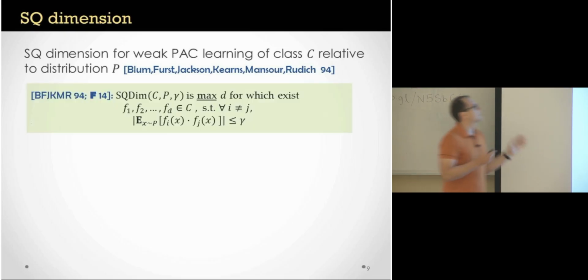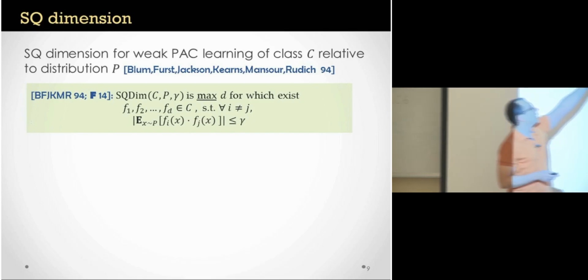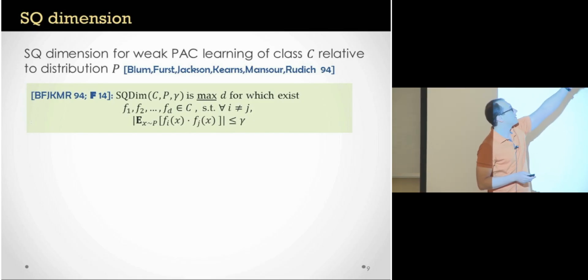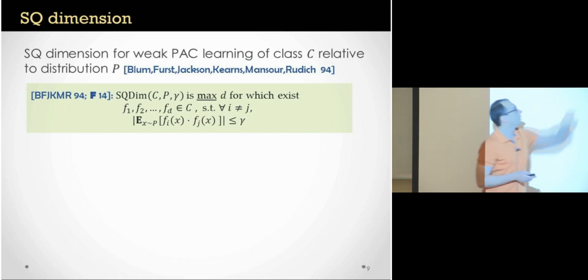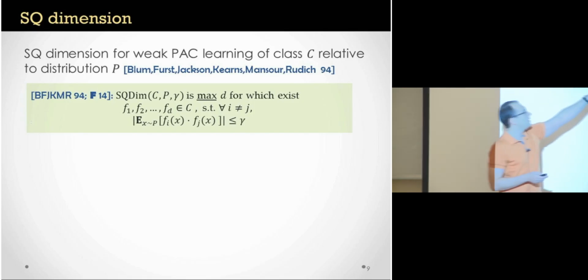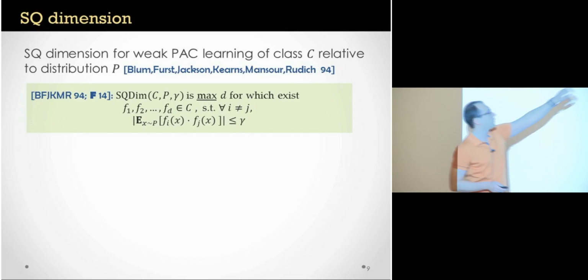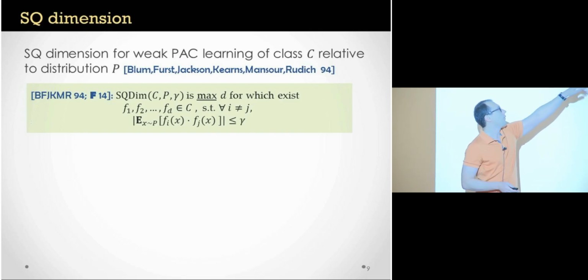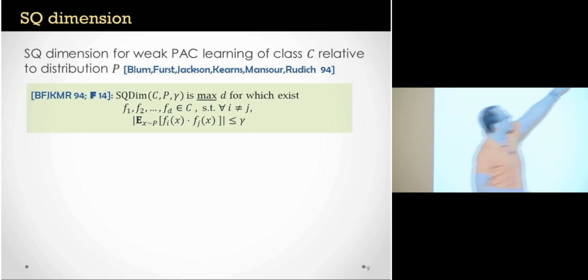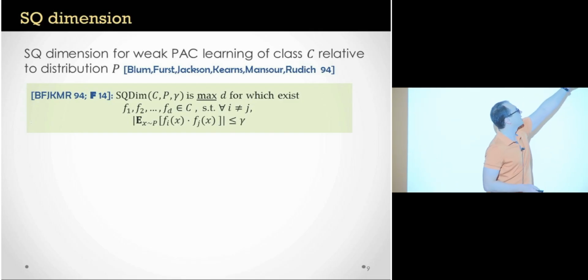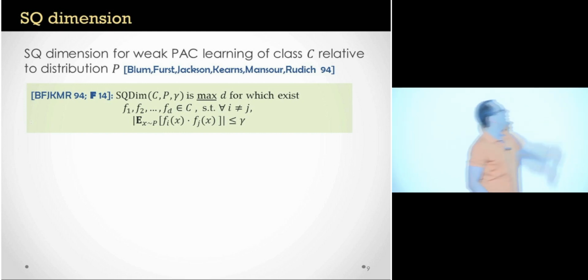What they show is that there is the following notion of dimension, just to give you an example, parameterized by the concept class C, the distribution P and gamma. It is the maximum number D such that there exist D functions in the concept class of interest such that for any pair of different functions, their correlation, when you think of these functions as plus-minus 1, is at most gamma.